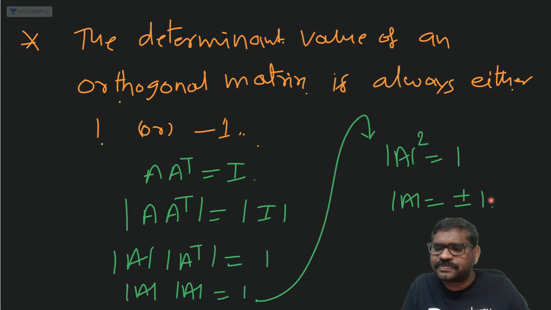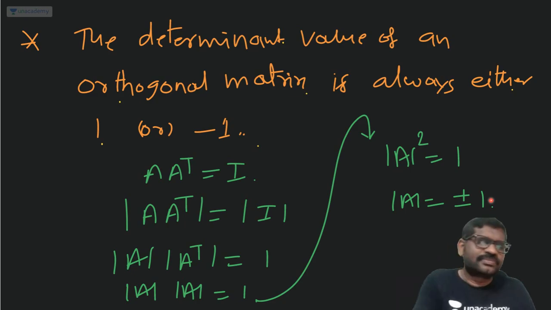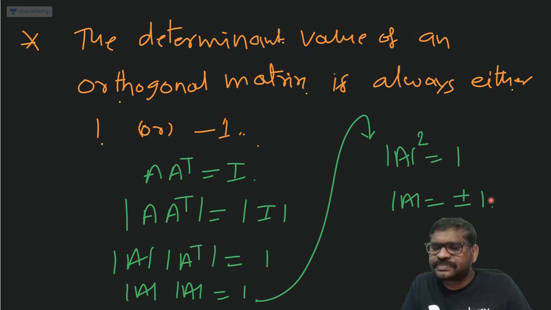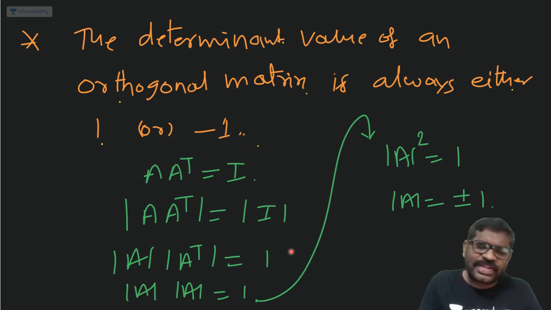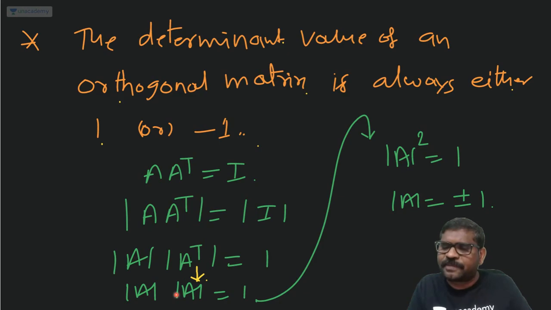The determinant value of an orthogonal matrix is either 1 or minus 1. Fourth step, very simple: determinant value of A transpose equal to determinant value of A. The determinant value of A and of A transpose are the same.